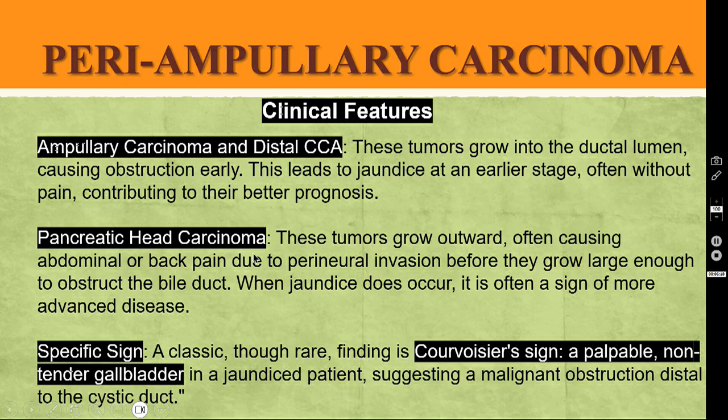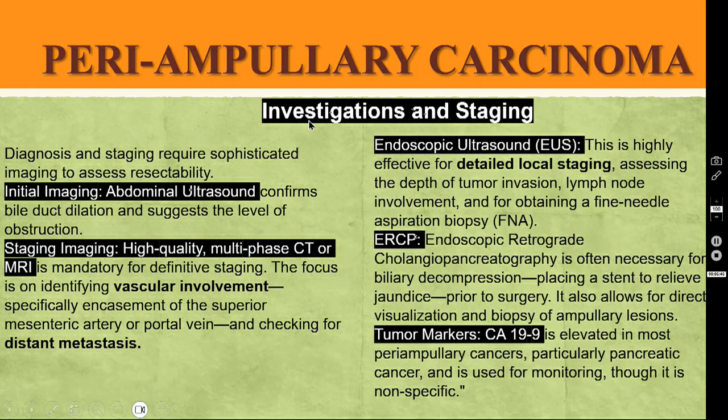Whereas in pancreatic head carcinoma, the tumor grows outward, so they will not present with jaundice to begin with. If there is jaundice, that means it is an advanced case already. Apart from jaundice, they will also have the palpable non-tender gallbladder, which also will be there.